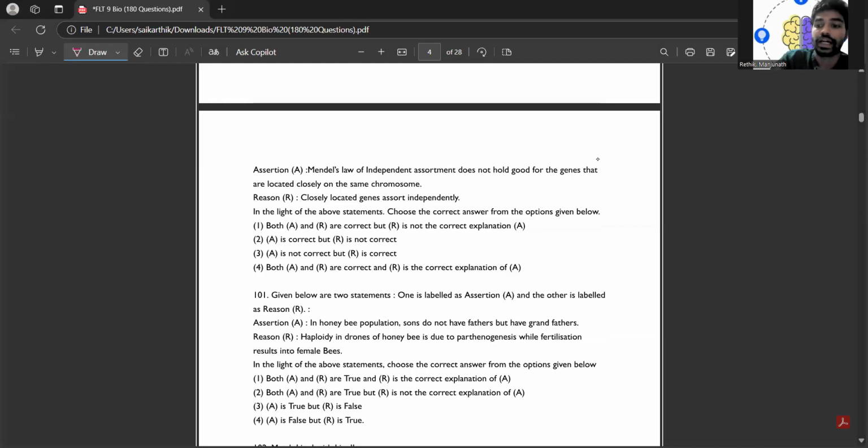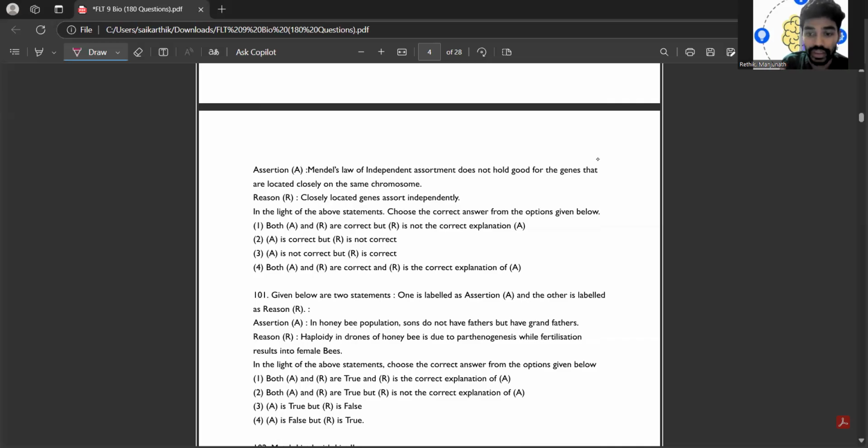So the question number 100. So 10 questions done, this is the 10th question, 100. Assertion: Mendel's law of independent assortment does not hold good for genes that are located closely on the same chromosome. Reason: closely located genes assort independently.